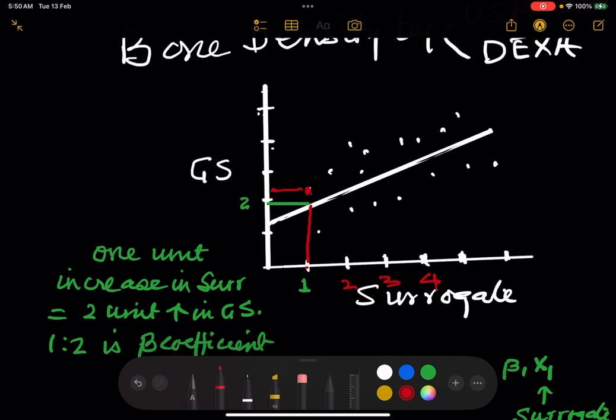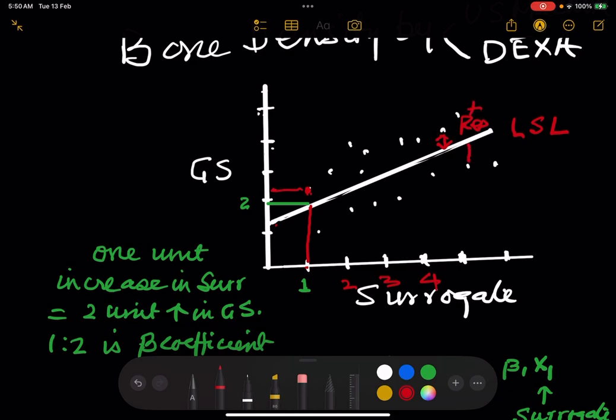For these dots, you try to draw a line which is called the least square line, because this line is closest to all the dots. The distance of a dot from this line is called the residual, and this is a positive residual.